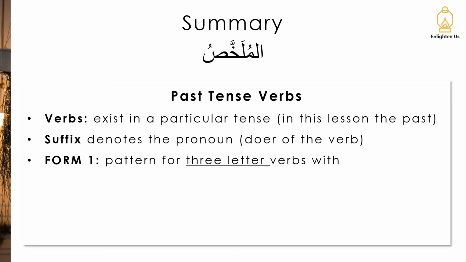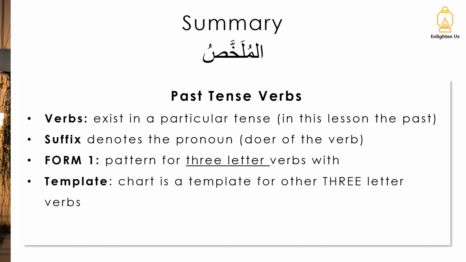We looked at specifically form 1, so we looked at the verb patterns with 3 letters. And then I provided you with a chart, which is a template for other verbs that also have 3 letters. And of course, wherever there is a chart, there is a reminder to memorize.